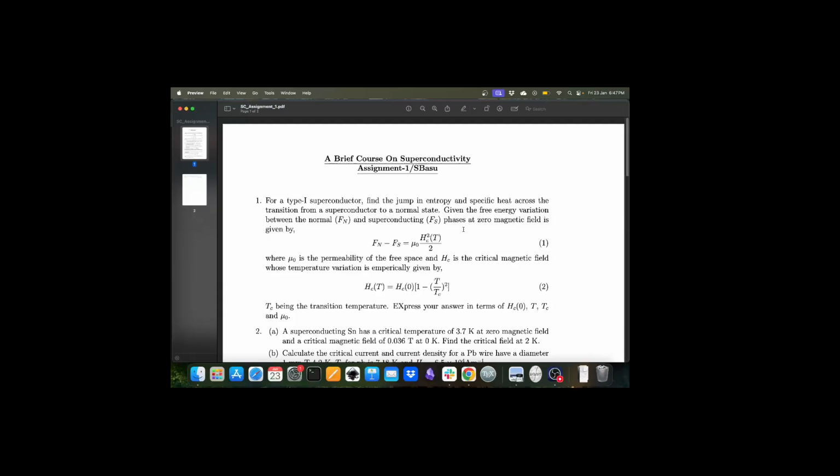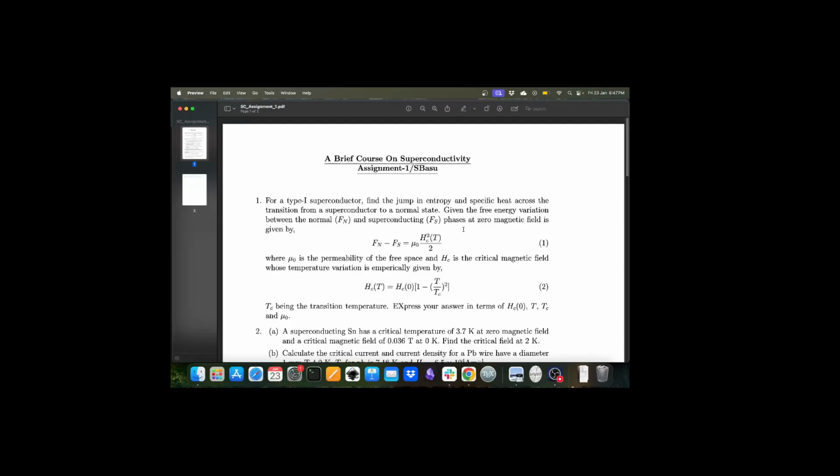And Hc is the critical magnetic field, whose magnitude is always positive. Even if it is in the other direction, you just flip the direction, Hc squared is positive at least. So what this means is that Fn is greater than Fs.